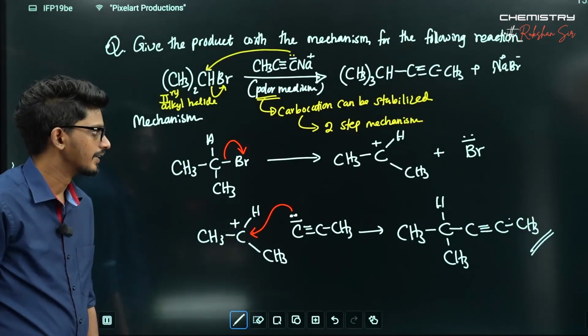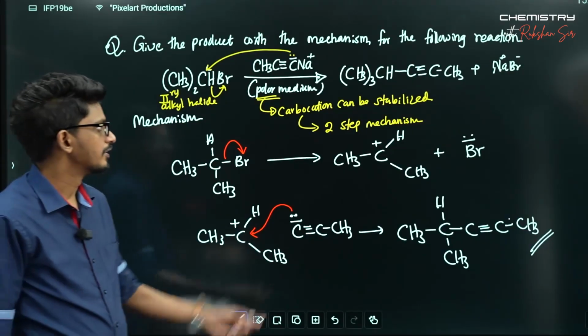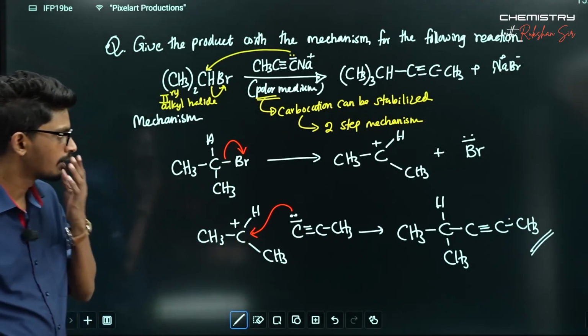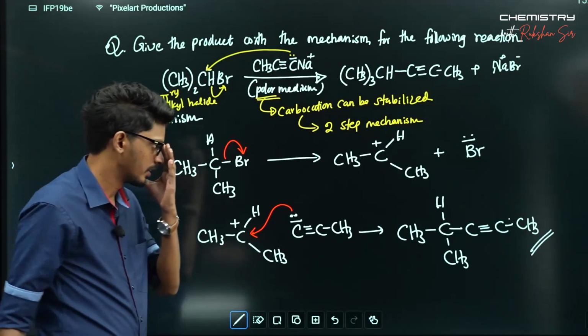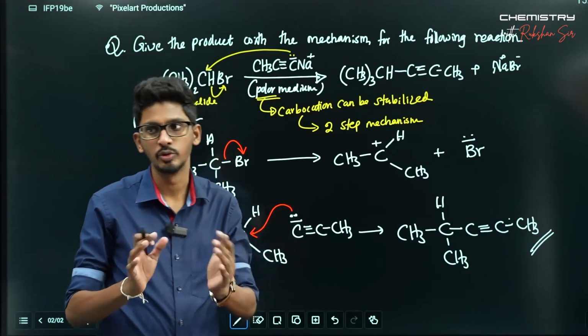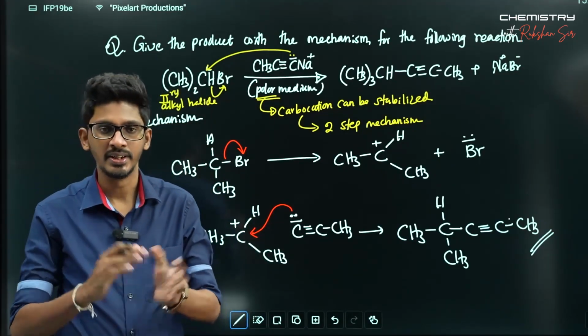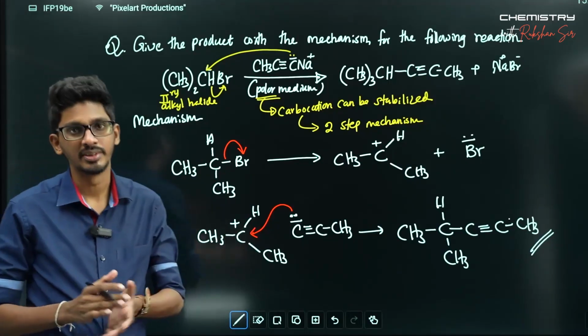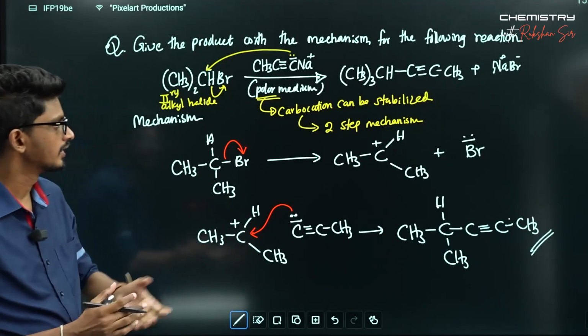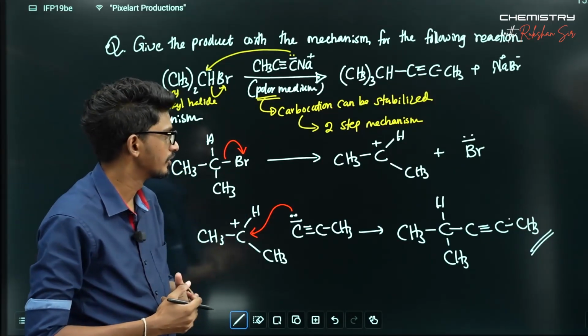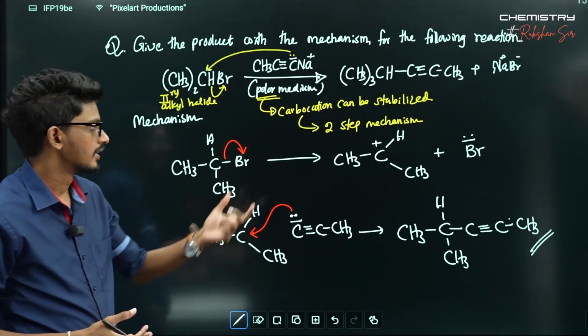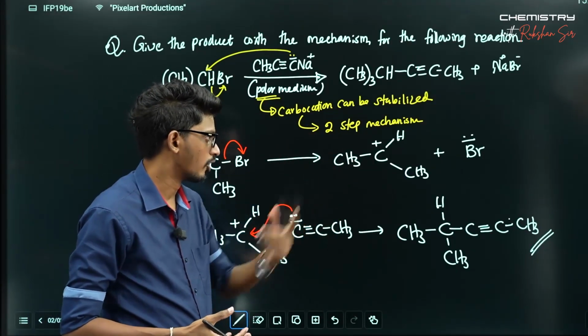That has been decided by the medium in this case, because it's a secondary alkyl halide. It can go through the one-step as well as the two-step pathways, depending on the chemical environment of the reaction. Here it's a polar medium that they have used, so that you can stabilize a carbocation if it is to form.